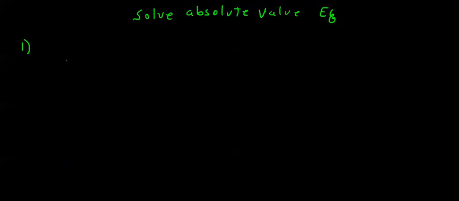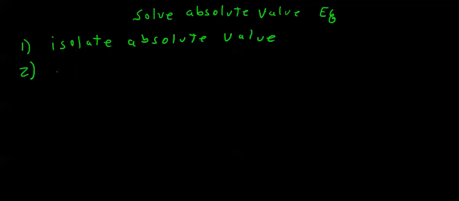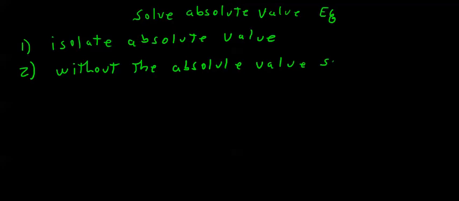All right, how do I solve absolute value equations? When we solve absolute value equations, the first thing we want to do is isolate the absolute value. Then, without the absolute value, we write two equations.